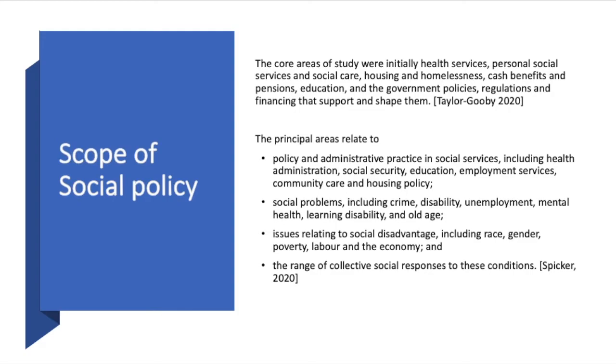But he took it a little bit further and started talking about some of the social problems that we identify in society, whether that's through crime, whether that's the impact of disability, whether it's unemployment, and the other excluded groups that you see there.